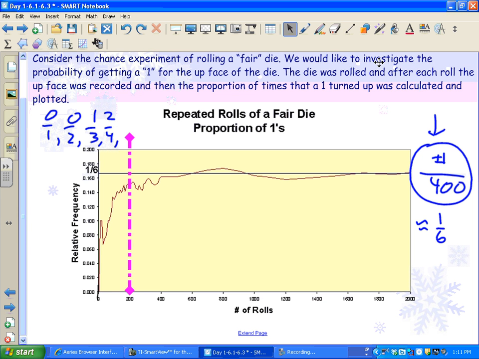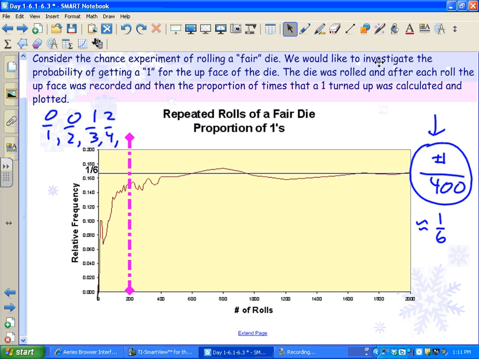Does that idea make sense? Well, there are other people in the class that would be, quote, getting unlucky, where they might only roll one 1. Do you see that the people that had 3 or 4 or 5 ones would average out with the people who got 0 or 1, so that overall, that probability would be 1/6?